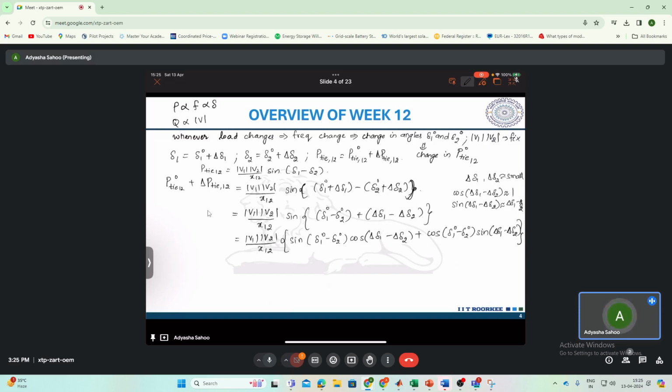So substituting that, V1 V2 by X12 sine of delta 1 naught minus delta 2 naught, cos will be 1, plus cos of delta 1 naught minus delta 2 naught, and this will be del delta 1 minus del delta 2.